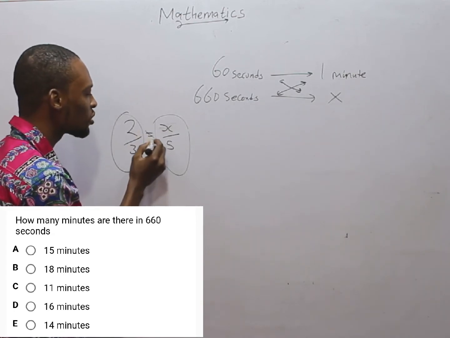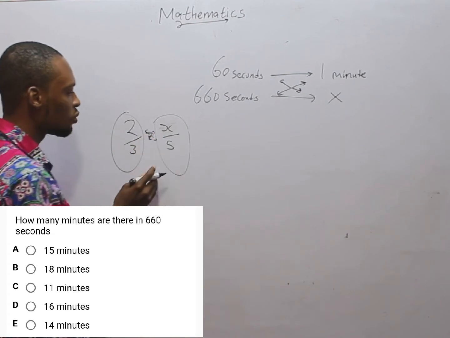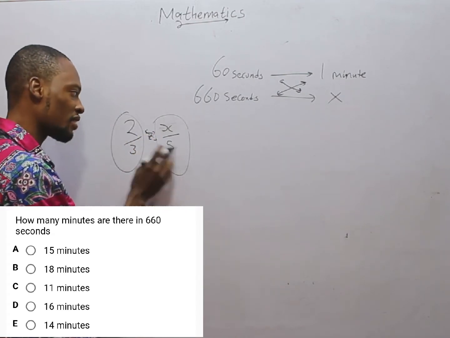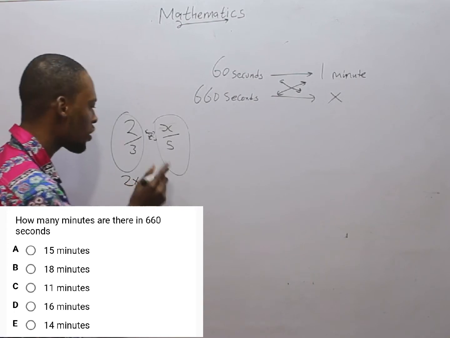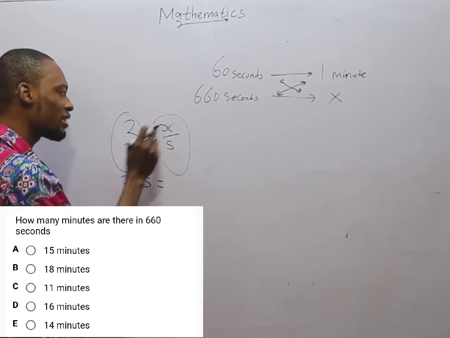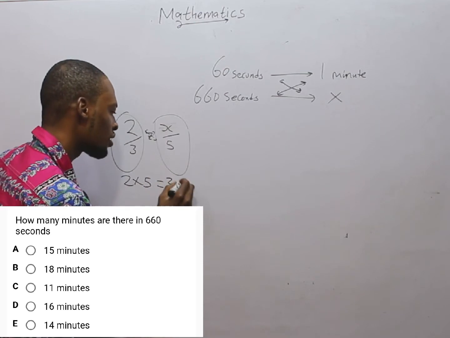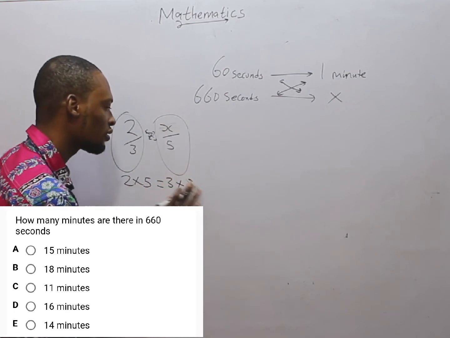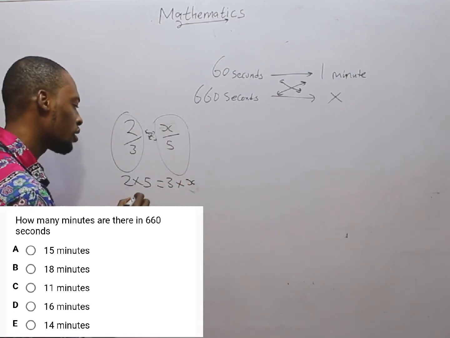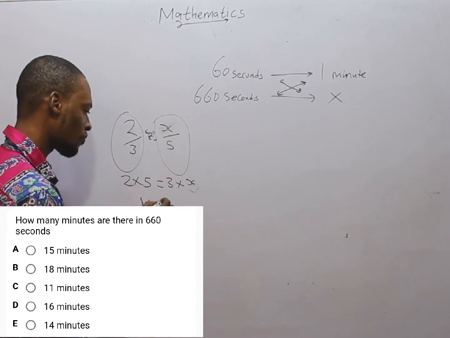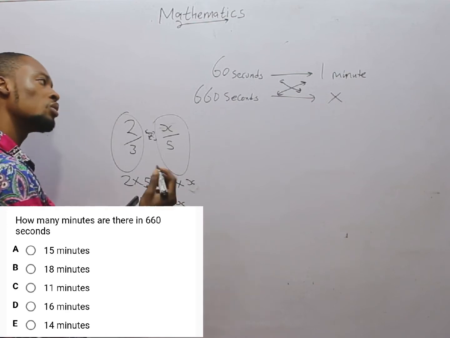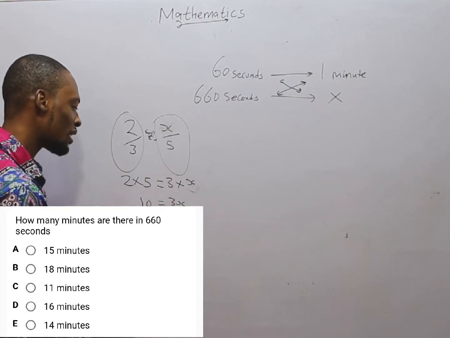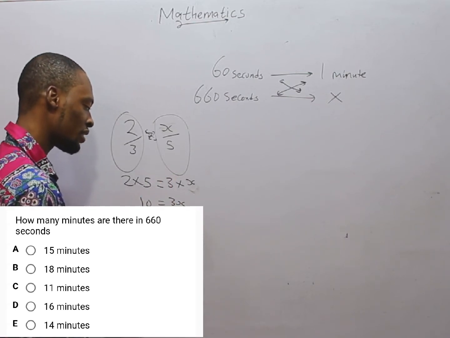In your mind, you do something like this, which is 2 times 5. This is multiplying this. 2 times 5 is equals, this is multiplying this, 3 times S. To give you 2 times 5 is 10. 3 times S is 3S. So, to get S, you divide here by 3, you divide here by 3.